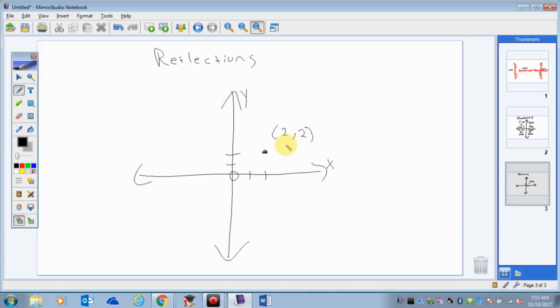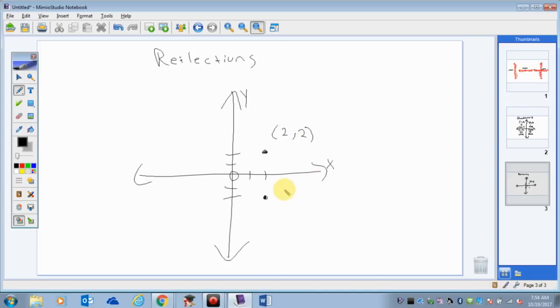So if it says to reflect 2, 2 over the x-axis, basically it just wants you to move the exact same amount of spots but down here. So it's up 2 here, over 2 here, so I go over and up and then over and down to reflect it over the x-axis.